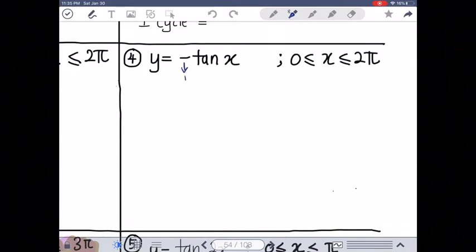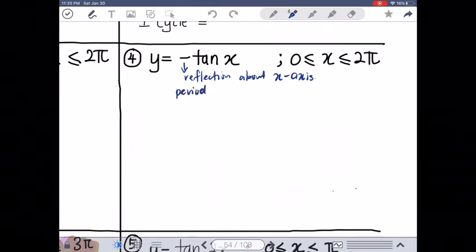Negative refers to reflection about the x-axis. Again, a doesn't matter, the period is equal to pi over n. In this case, our n is equal to 1, so pi over 1, which means pi, one cycle in every pi.